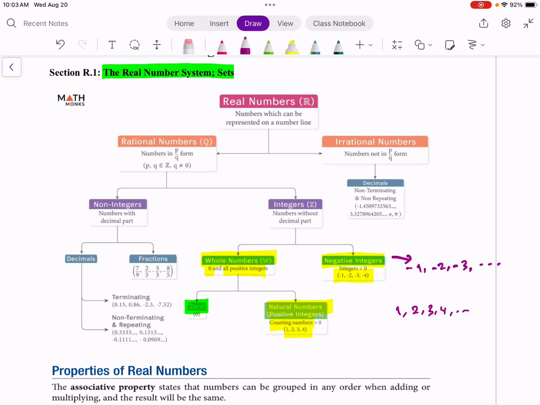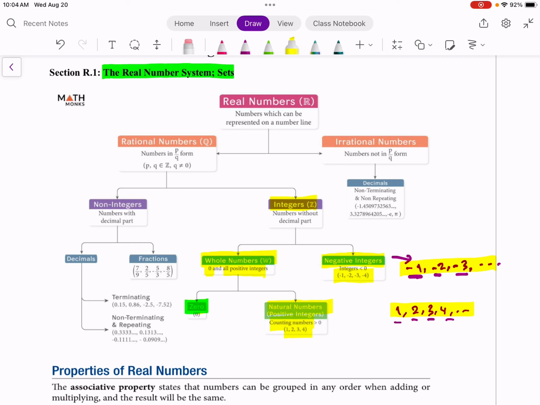Okay, and these negative integers and positive integers make the integers. So our integers are numbers without decimal part. So here with -1, -2, -3, with 1, 2, 3, 4, there is no decimal part. Okay, so every number without decimal part is an integer.